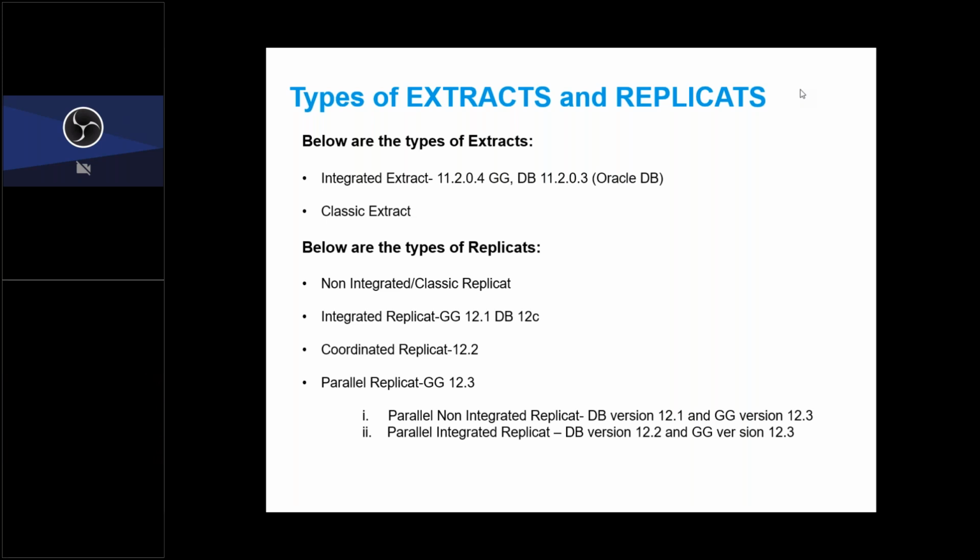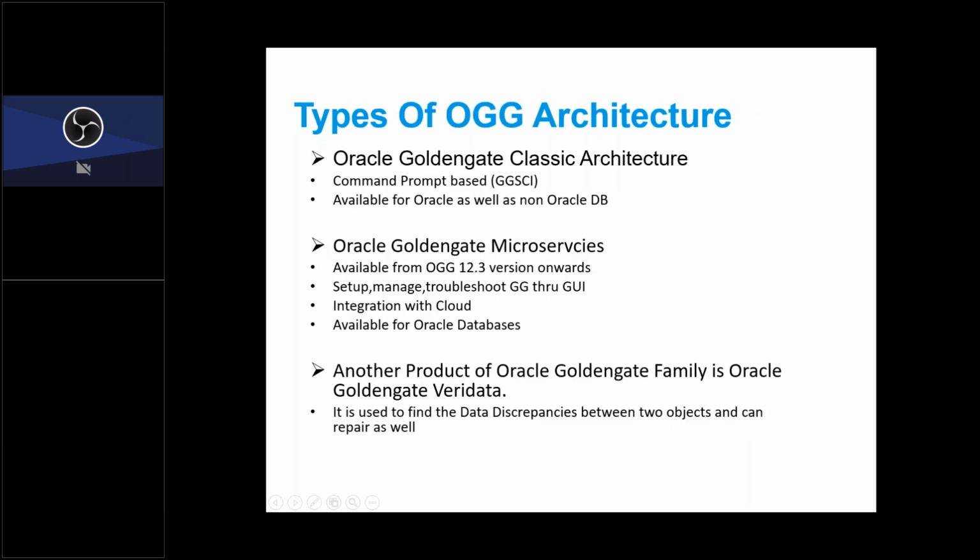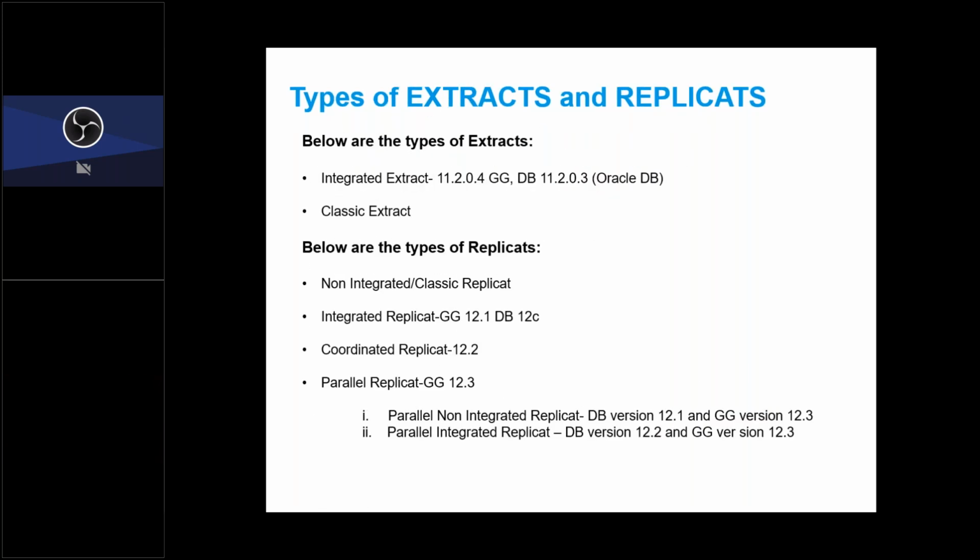Under classic architecture, you have classic extract or integrated extract. Similarly, you have non-integrated replicate, integrated replicate, coordinated replicate, and parallel replicate. Okay? Any questions so far?